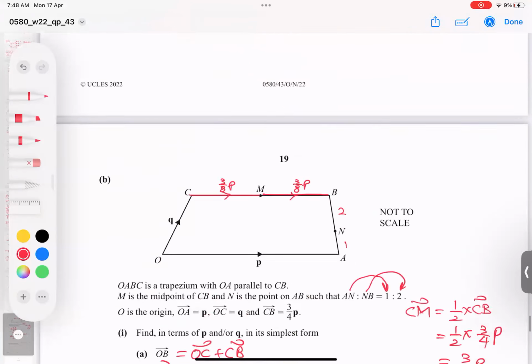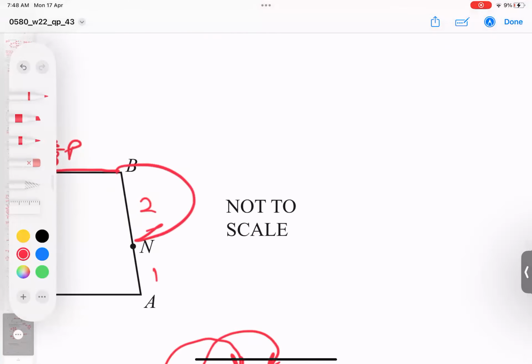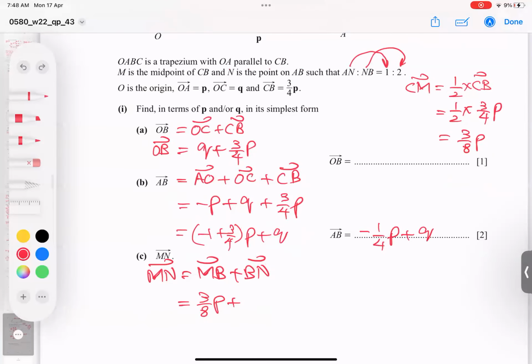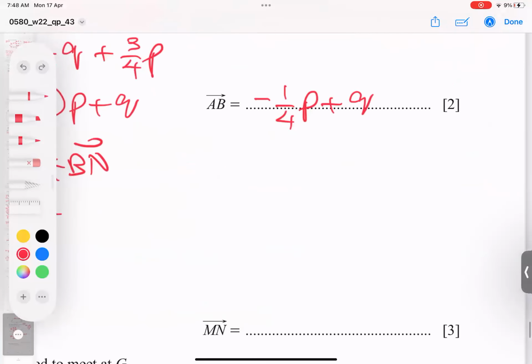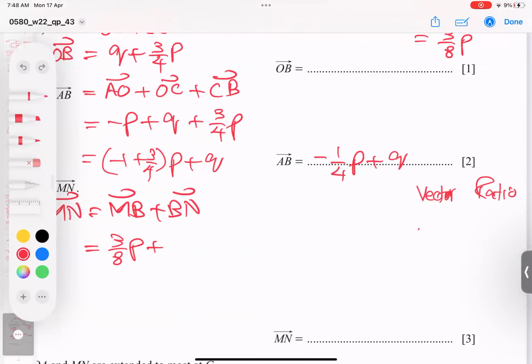How to get BN? For that we have to look at this vector, and we will use a special technique called the vector method, vector and ratio. Always write this title. What I'm looking for, write BN. And what is the BN ratio?